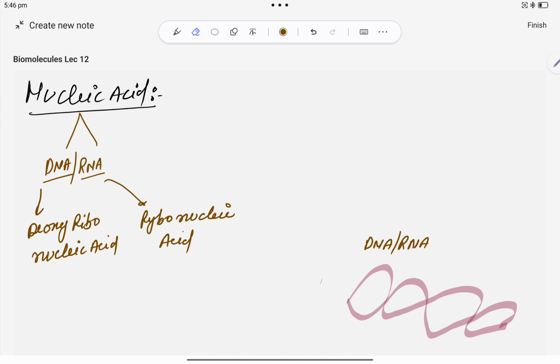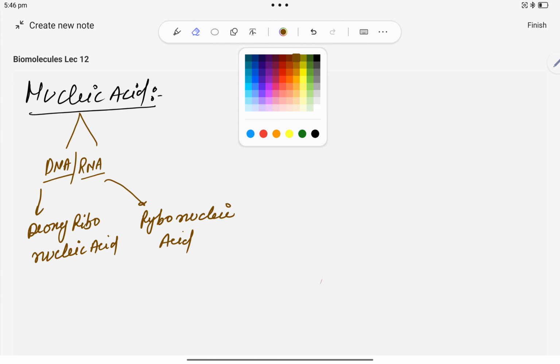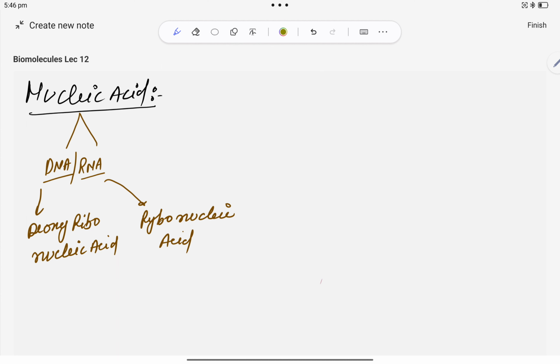In the nucleic acid, children, listen carefully. Nucleic acid is formed basically from three things. What are the three components? One is pentose sugar.